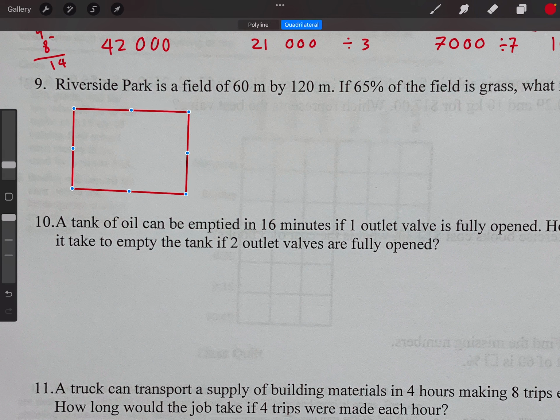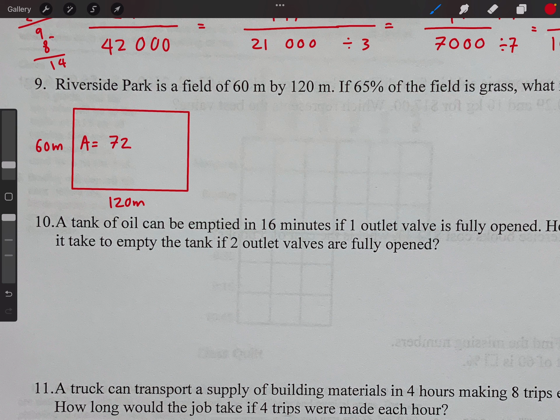Okay. Alright, so this will be 120 meters by 60 meters. So which means the area is going to be those two numbers multiplied together. What's 6 times 12? 6 times 12 is 72. And you got 2 zeros, so therefore we put in 2 zeros. This will be meters squared.